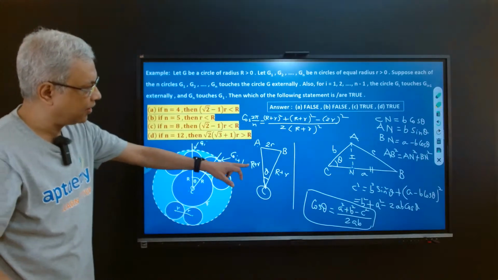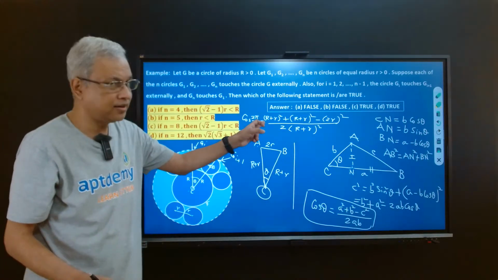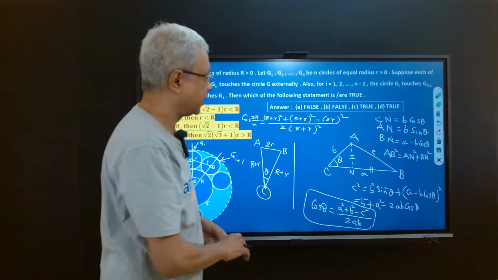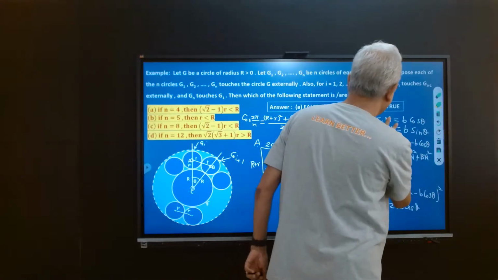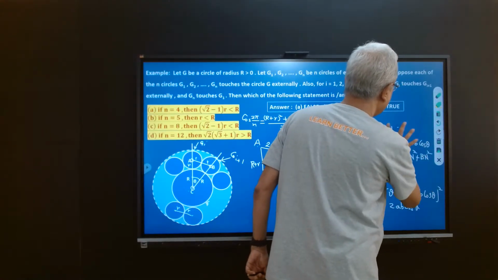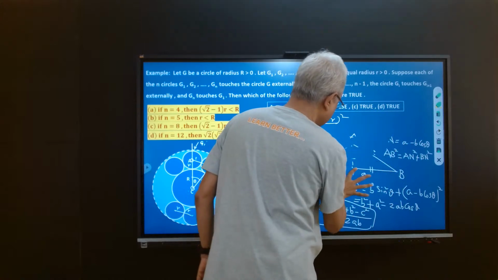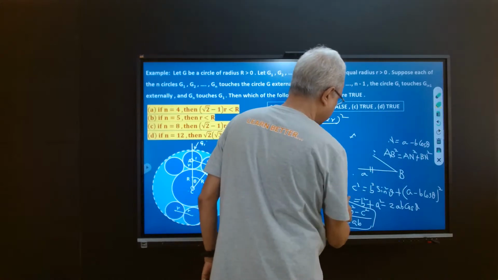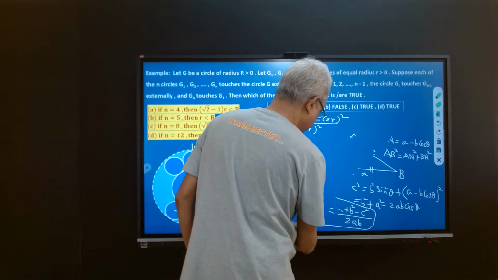After this, we can readily apply this formula here. No doubt. Okay. Now let us remove this part. This is no longer required. Once you have understood how to derive the formula, you can readily apply the formula in our problem.